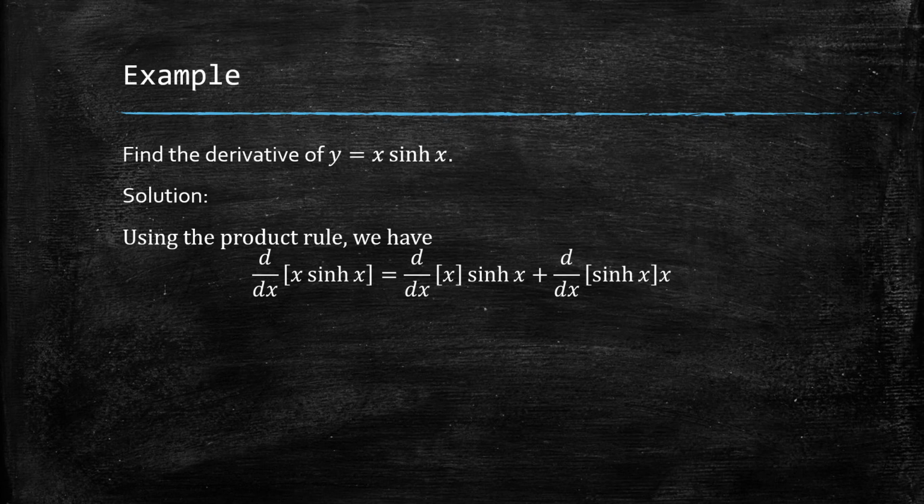That gives us 1 times the hyperbolic sine function of x plus x times the hyperbolic cosine function of x. Simplifying that, we have the derivative is the hyperbolic sine function of x plus x times the hyperbolic cosine function of x.